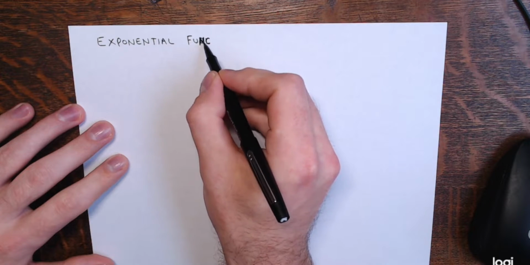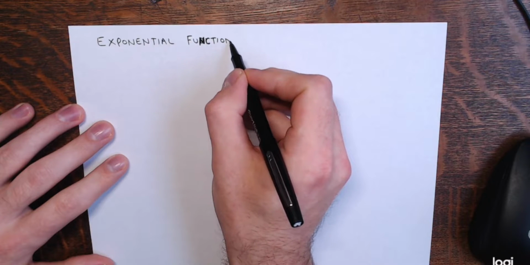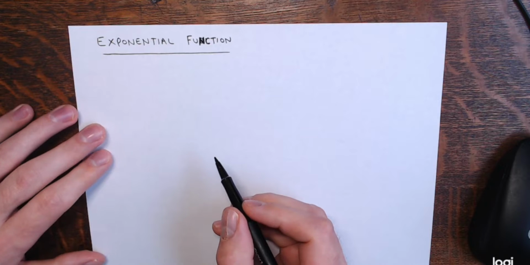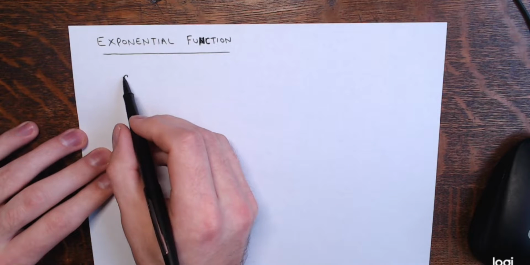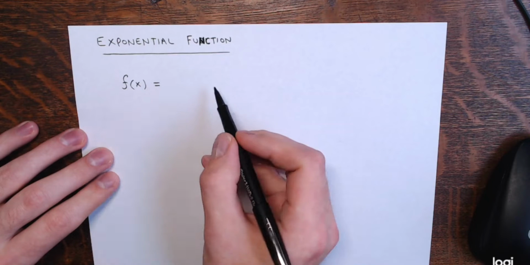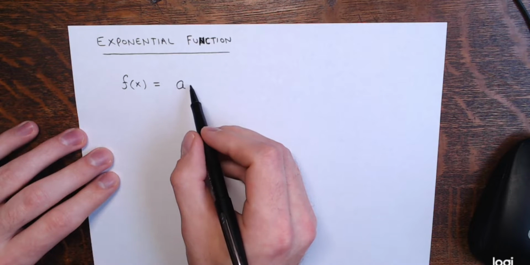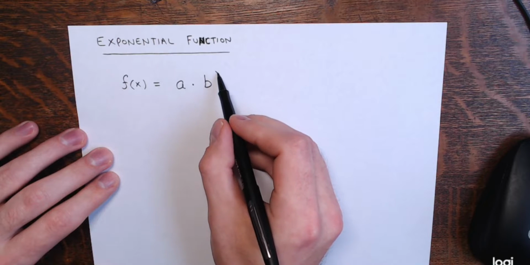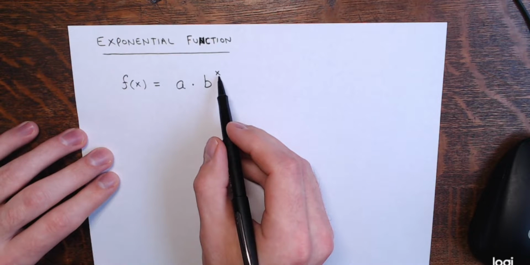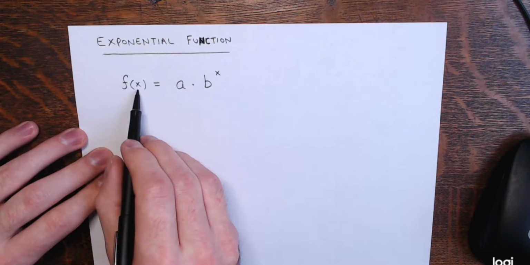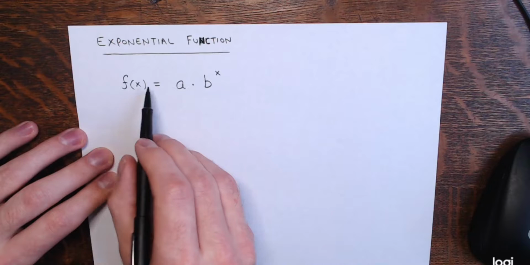An exponential function is any function that can take the form f of x or y equals a times b to the x power. The reason it's called exponential is because the input variable is going to be in an exponent.